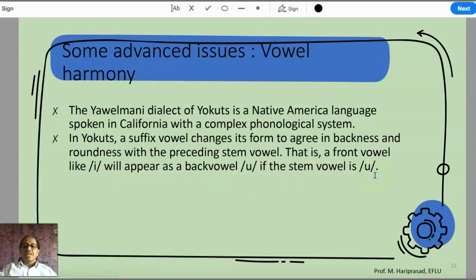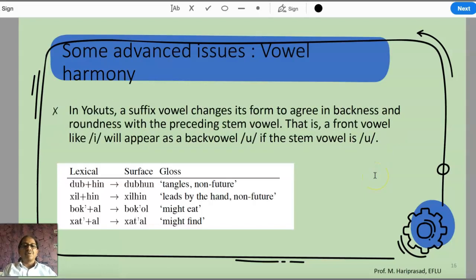Okay, so let's look at an example here. In Yokuts, a suffix vowel changes its form to agree in backness and roundness with the preceding stem vowel. So you have dup as a stem, hin as a suffix, right? Dup, hin. Now, because in the stem you have a rounded vowel, u is round. Your lips are rounded when you say u.